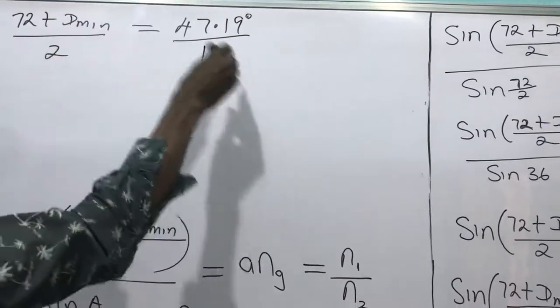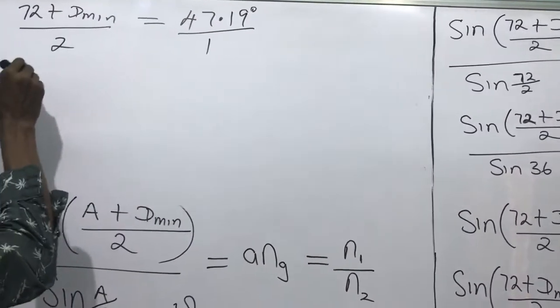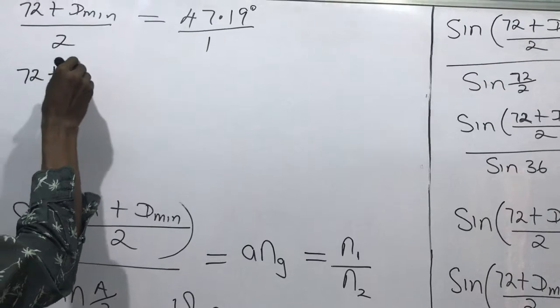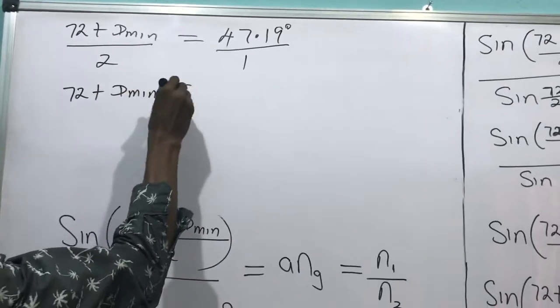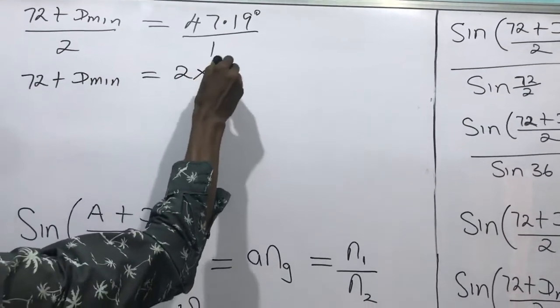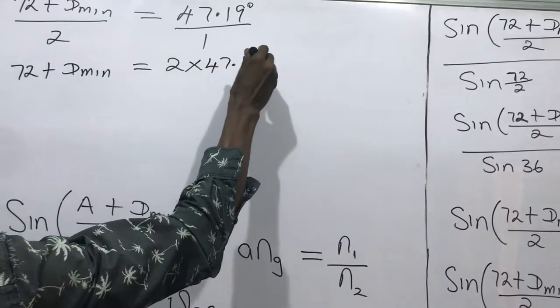Cross multiplying, I have 72 plus minimum deviation equals 2 times 47.19.